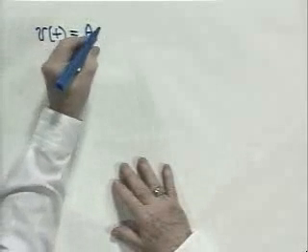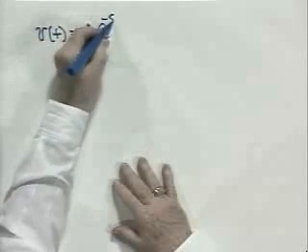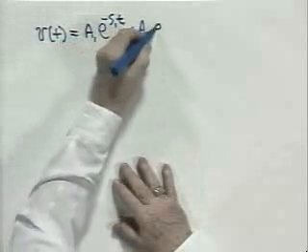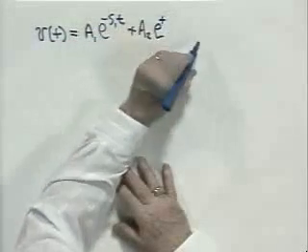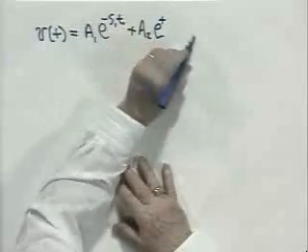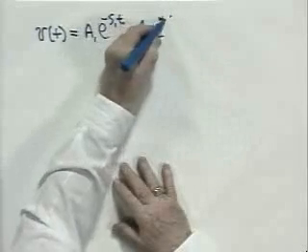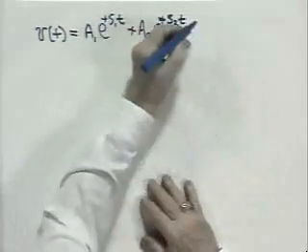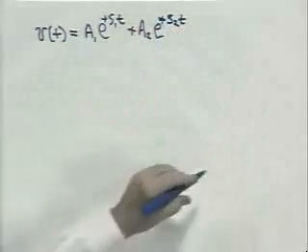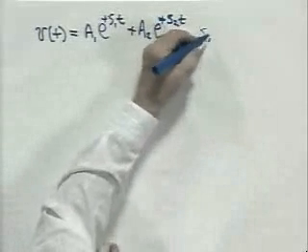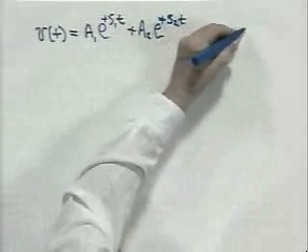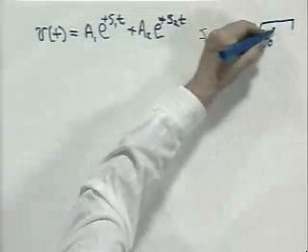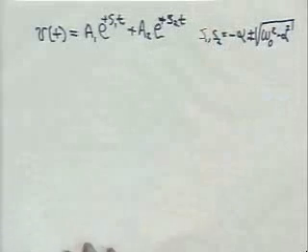One must be of the form A1 e to the plus S1 t plus A2 e to the plus S2 t, where S1 and S2 are these complex numbers. That is, S1 and S2, just to repeat it, are minus alpha plus or minus the square root of omega naught squared minus alpha squared.